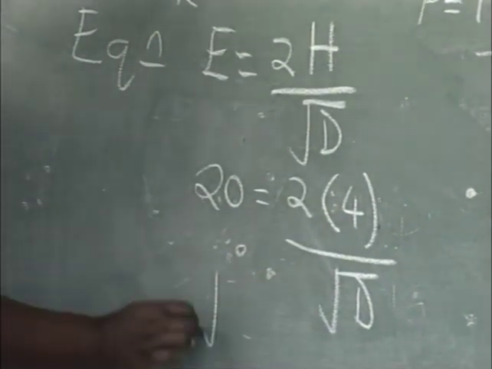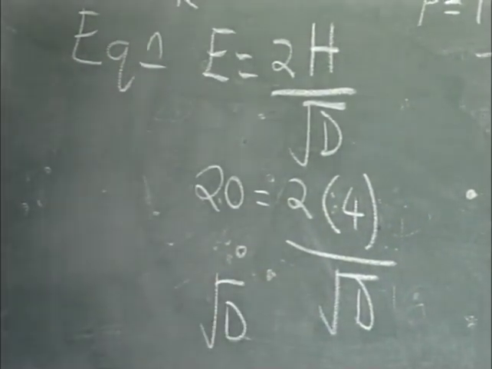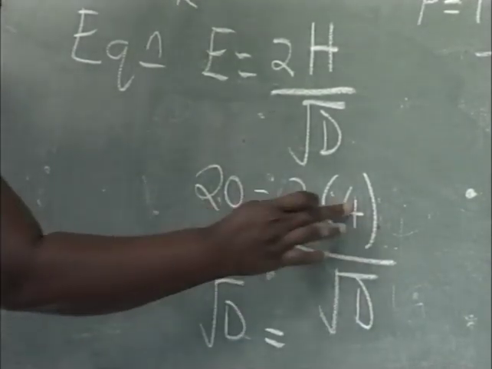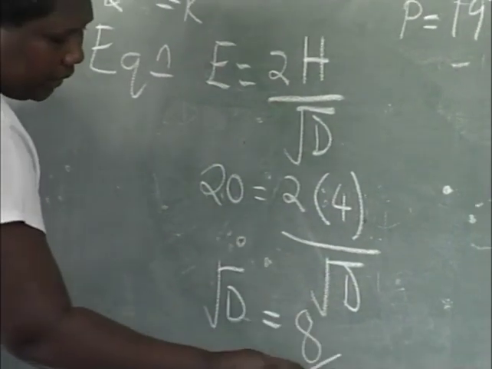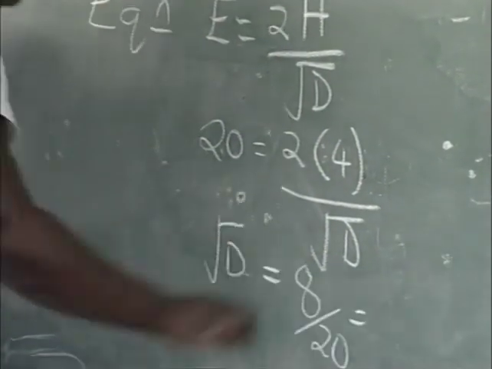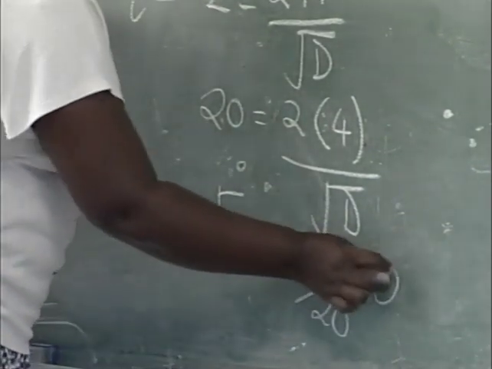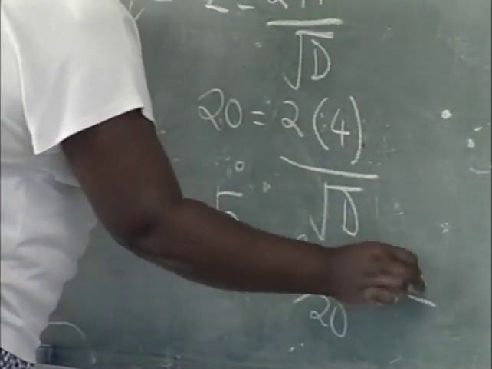Okay, if I multiply by the square root of D on both sides, I will get the square root of D is equal to 2 times 4, which is 8, divided by 20. And 8 divided by 20 is 0.4.